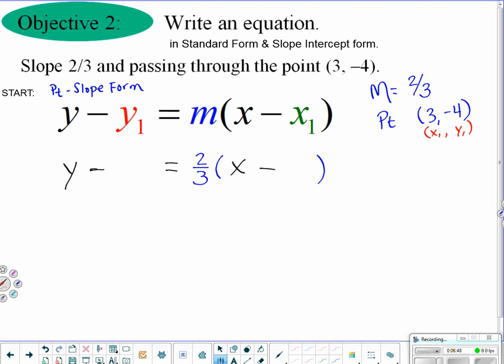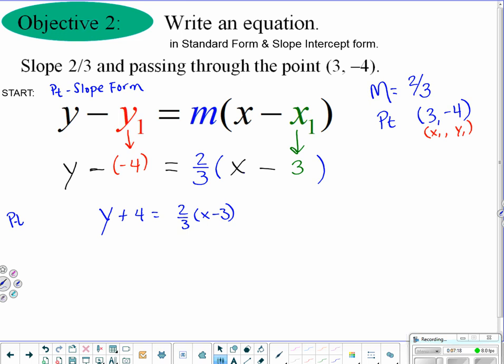So my y value was -4, so I replaced that with -4. And my x1 is 3. With a little bit of simplifying, I'm seeing this double negative on this side here. So let's turn this into y plus 4 equals 2/3 x minus 3.